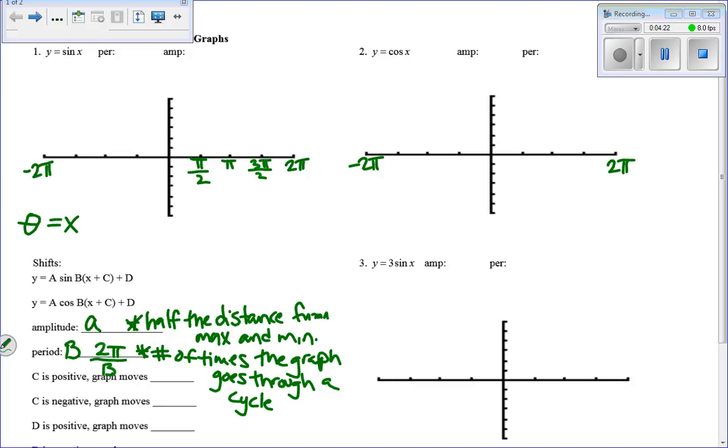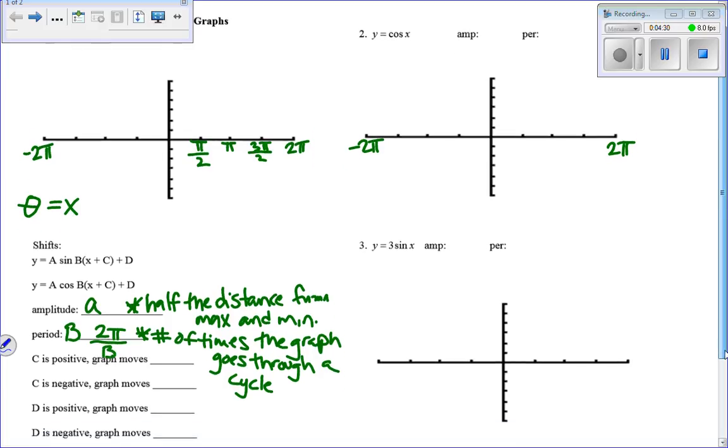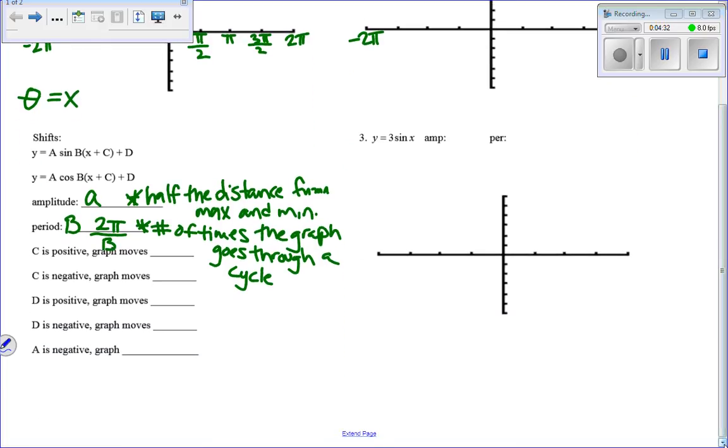Okay, your C and D values depend on your shifts. Your C value is your phase shift. And just like in transformations from Algebra 2, it kind of does the opposite of what it says. So if it says x plus C, it's actually moving to the left.